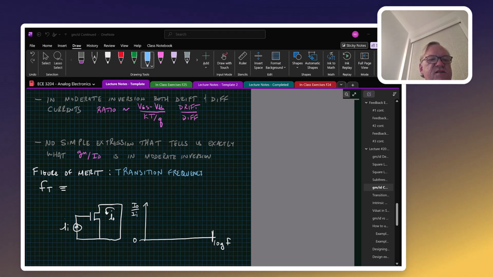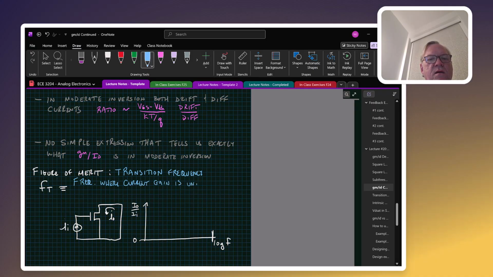We denote this as Ft, and this is the frequency where the current gain goes to unity. Now we know for a MOS device, the current gain should be infinite at DC, and then it's going to go down at 20 dB per decade.